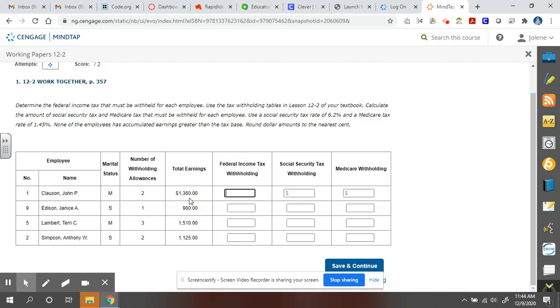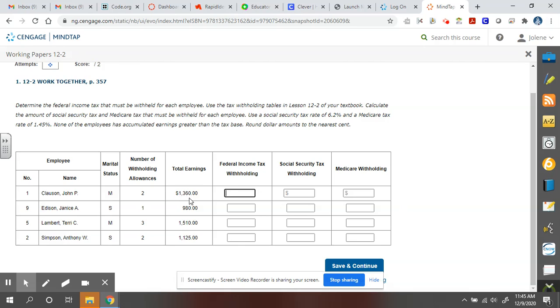But if you'll notice at the top of the columns, it says at least this amount on the left. And then the right column of wages says but less than. So because of that, I have to go to the second line that has $1,360, because that's at least, and that's how much he earned.